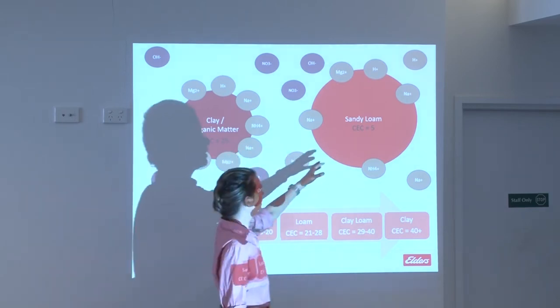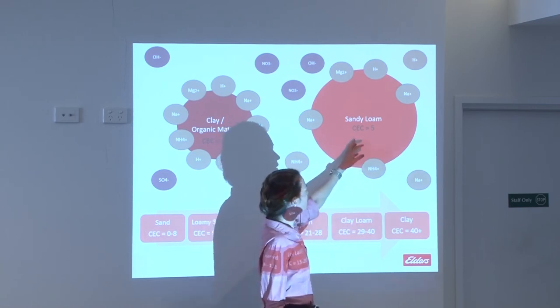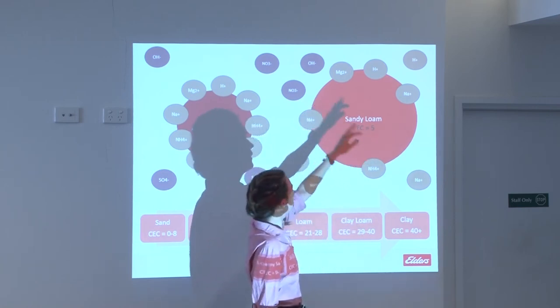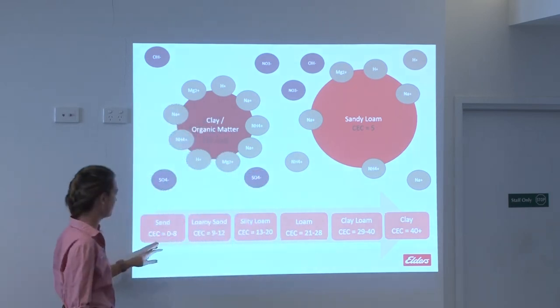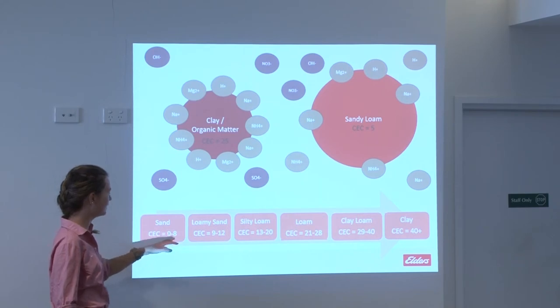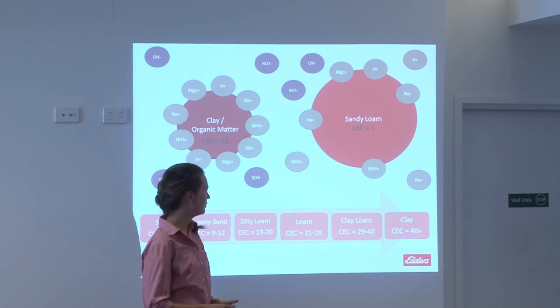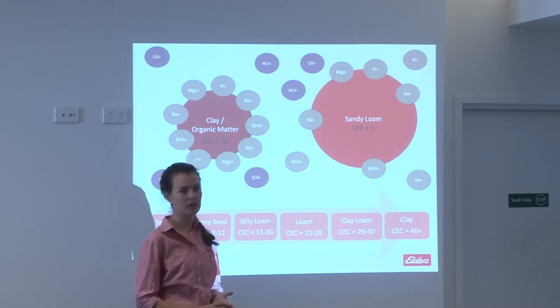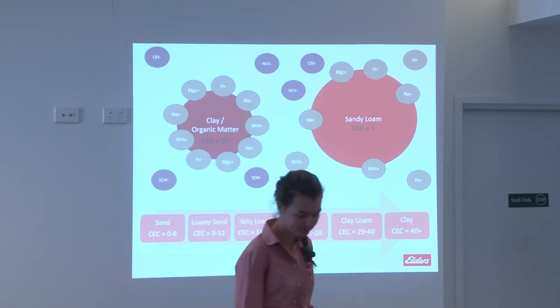Then you move over to a sandy loam textured soil or a sand particle, it has a CEC of 5, and so therefore it only has the 5 on here. And you can see the spectrum along the bottom. So sand ranges in the CEC of 0 to 8, and then it goes right up to clay. So if you've got a pure clay soil, that'll have a CEC of 40 plus. And so it essentially can hold a lot more things.